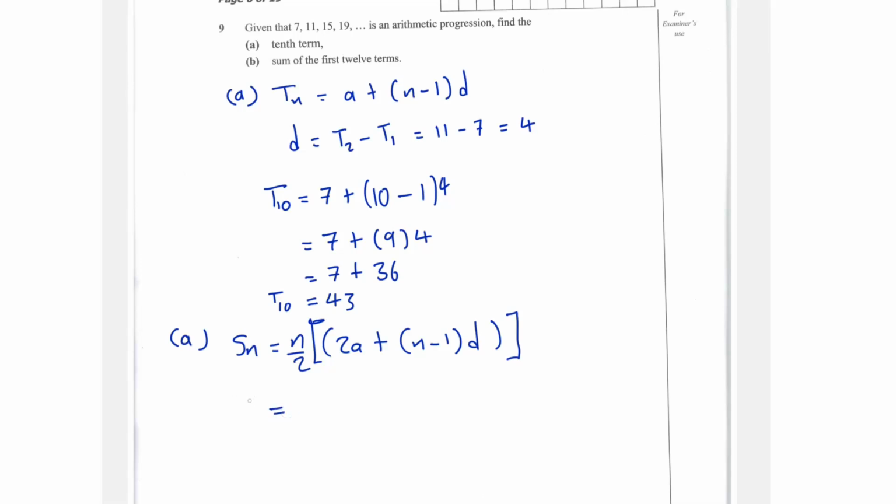We are finding the sum of the first 12 terms, so where there's n, we replace with 12. The first term here is 7, and then plus n, which is 12, minus 1, and then multiply by the common difference, which is 4.